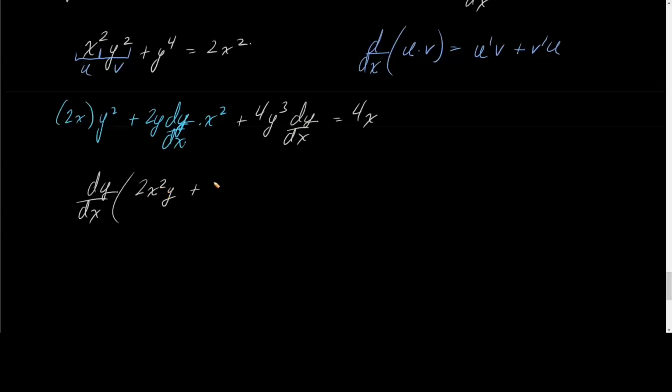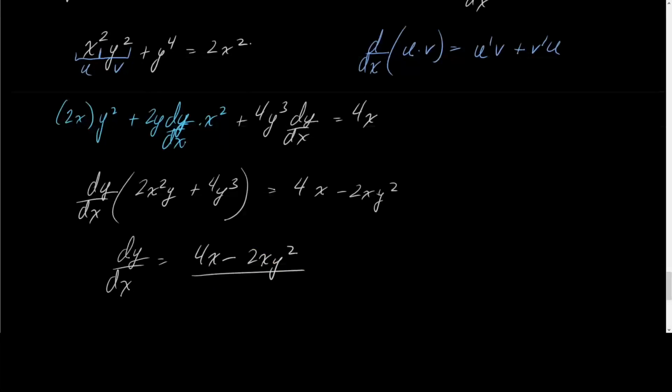And the other one, we end up with 4y cubed. I'm going to move this to the other side, so I end up with this is equal to 4x minus 2xy squared. At that point, divide both sides by this thing, so I end up with dy/dx is equal to (4x minus 2xy squared) over (2x squared y plus 4y cubed).